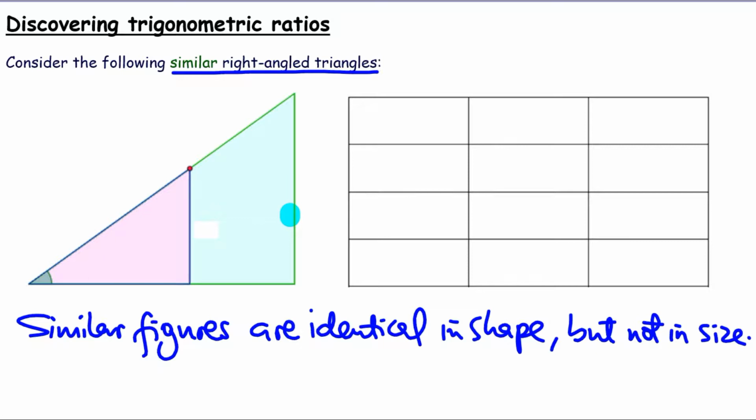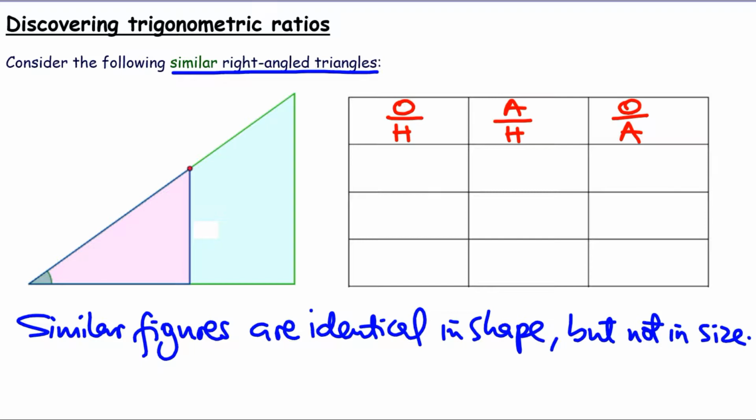By the way, what we want to do is to just discover the ratios of the sides of these similar triangles. So what I'm going to do in the next table is to write the ratios of opposite over hypotenuse, adjacent over hypotenuse, and opposite over adjacent for these similar triangles.